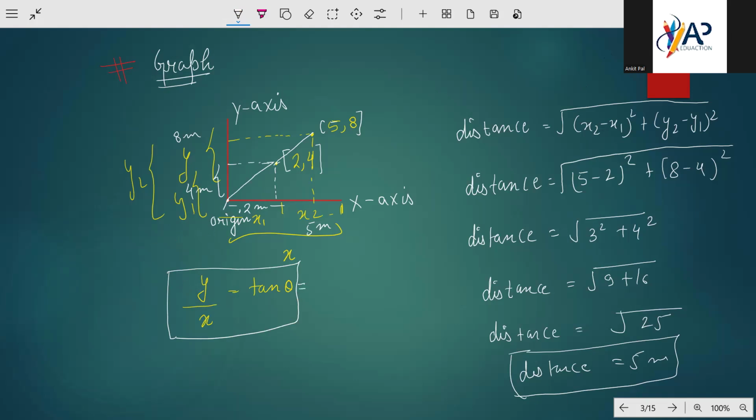Tan theta is basically perpendicular upon base. If we use y means y2 minus y1 upon x2 minus x1 is equal to tan theta.